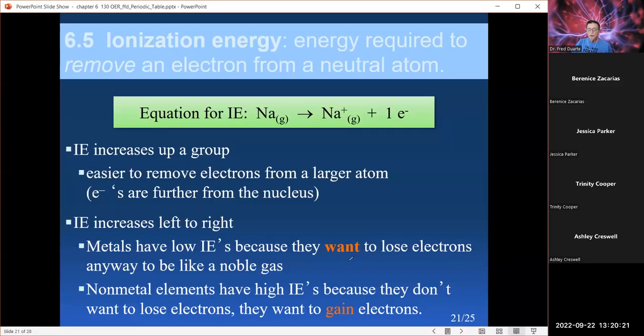Now, as we go from left to right, the ionization energy level increases. We had talked about the radius as we went from left to right, how it went down. We explained that by the fact that if we went from left to right, we increased the number of protons and electrons.